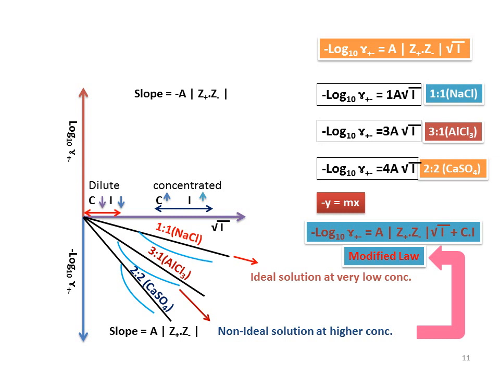We know that NaCl is univalent, meaning it has one cation and one anion. So Z positive into Z negative will be equal to 1 into 1, which is 1.